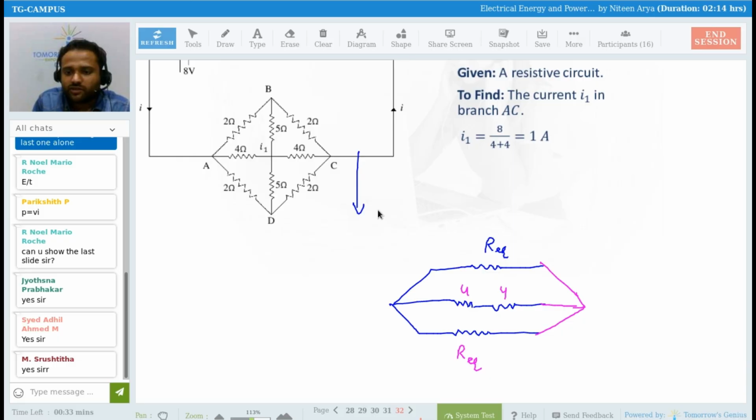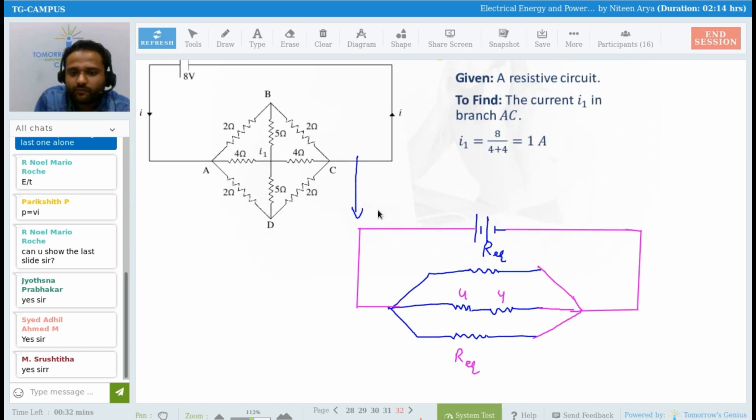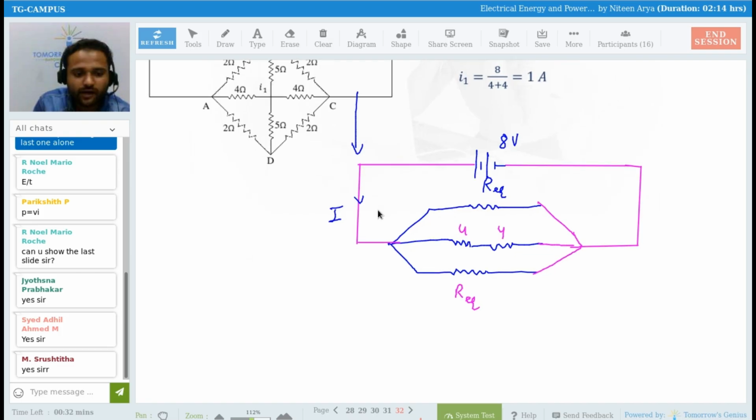Okay, this is the converted thing. If I'm not wrong, this is your 8-volt battery. This is the current I. Now you need to find R equivalent or R total.